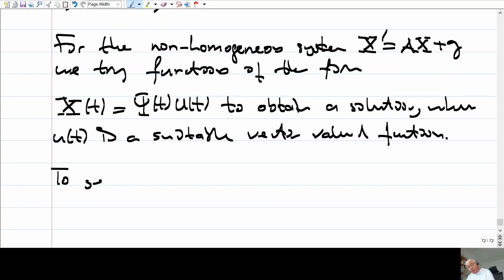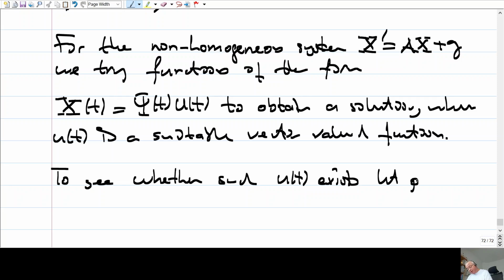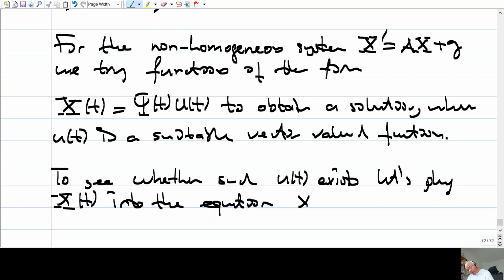To see whether such u(t) exists or not, let's plug x(t) into the equation x prime equals ax plus g.